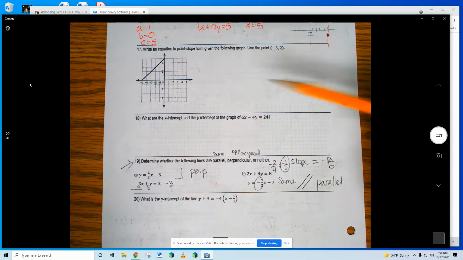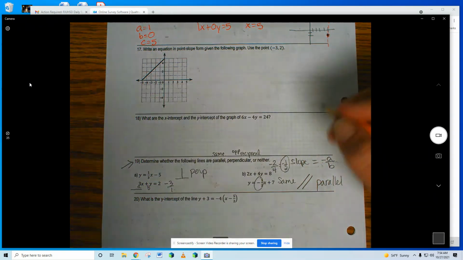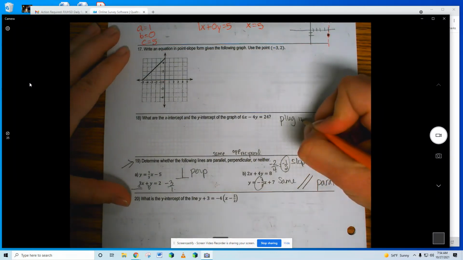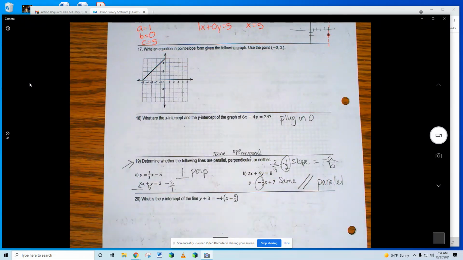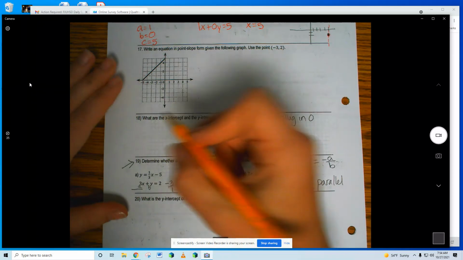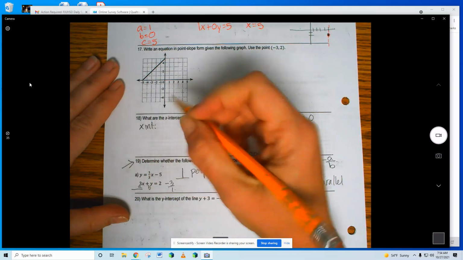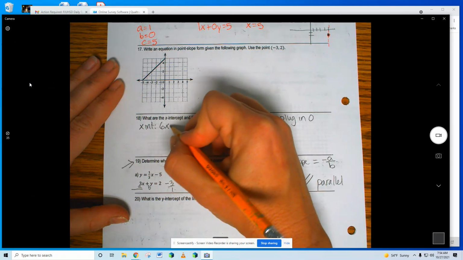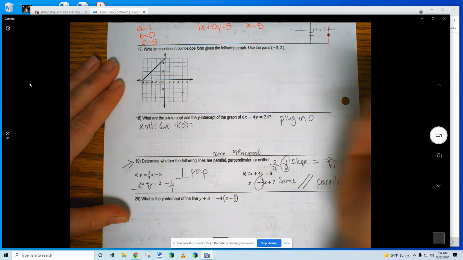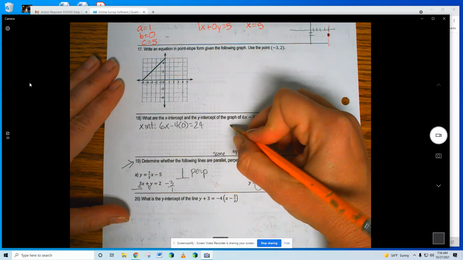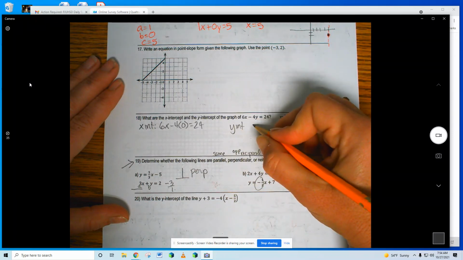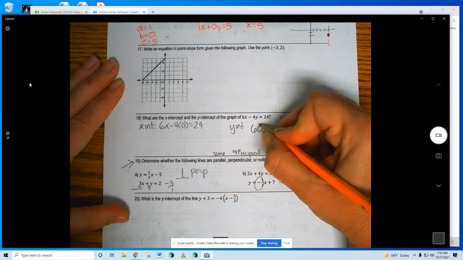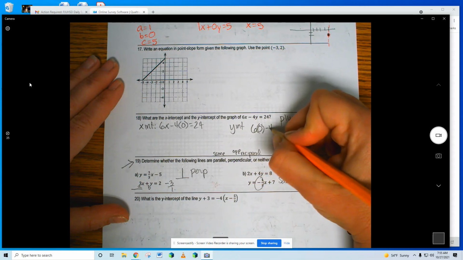Let's see. What are the x-intercepts and y-intercepts? Remember, plug in 0. A lot of people miss this. You didn't show your work properly. Your x-intercept: plug in 0 for y. 6x minus 4 times 0 equals 24. For my y-intercept, I plug in 0 for x. 6 times 0 minus 4y equals 24.